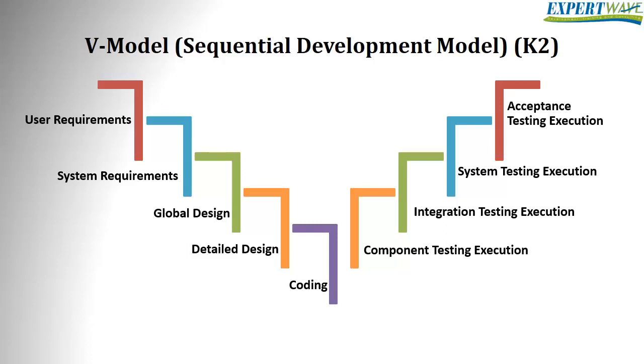The 4 test levels used, each with their own objectives, are component testing, which searches for defects in implemented components; integration testing, which tests interfaces and interactions between different components; system testing, concerned with testing the behavior of the whole system; and last, acceptance testing, where validation testing with respect to the user needs, requirements, and business processes is conducted to determine whether or not to accept the system.